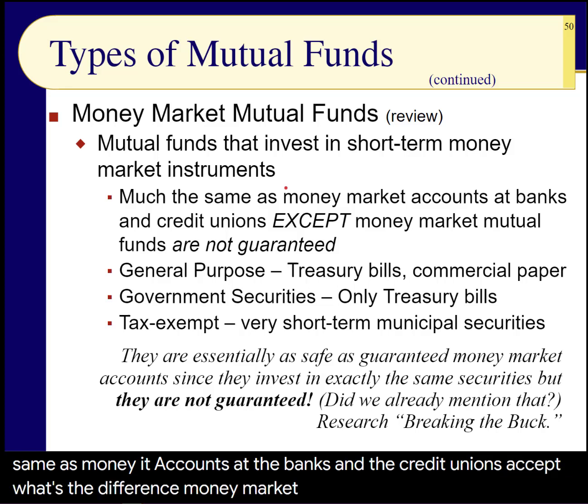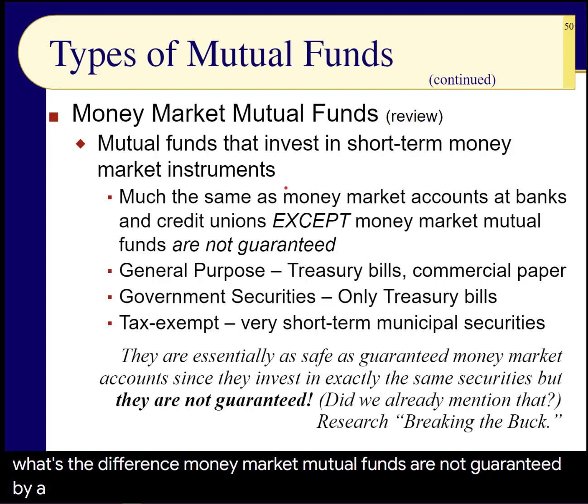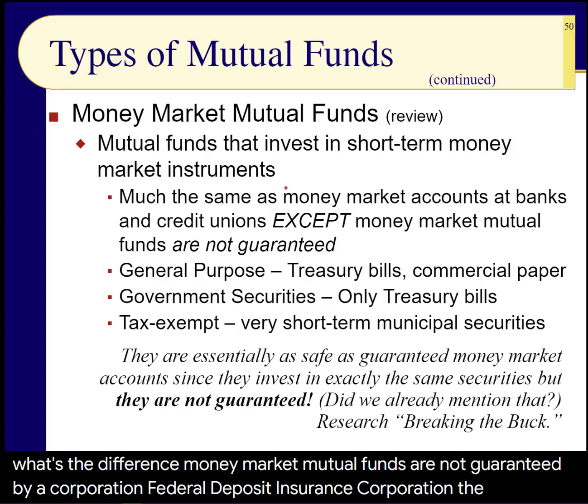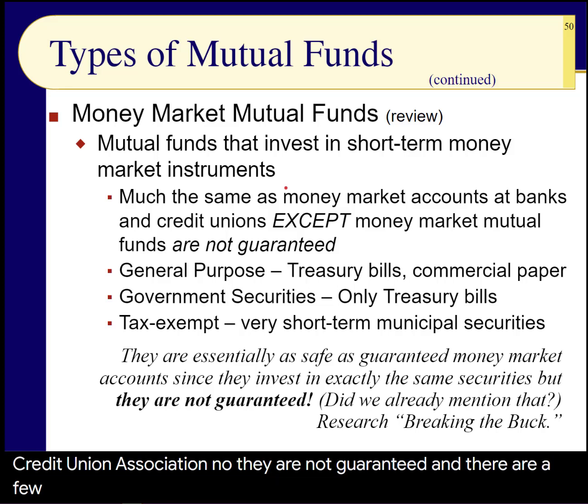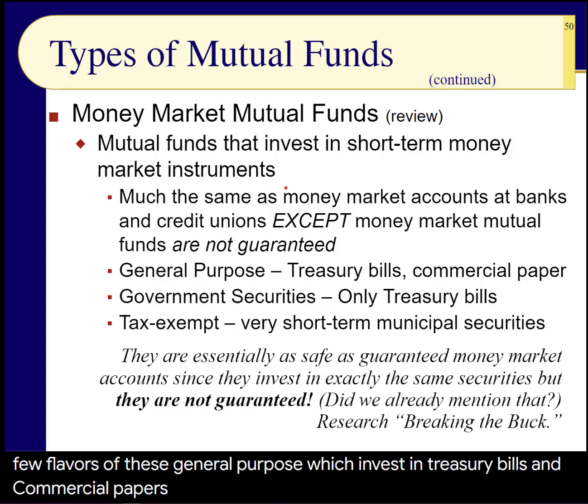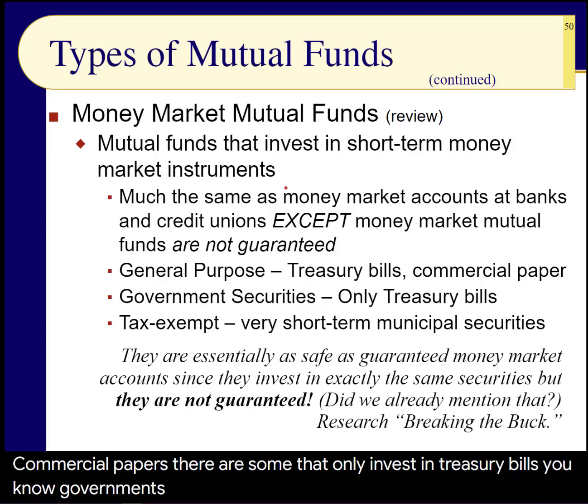Money market mutual funds are not guaranteed by the Federal Deposit Insurance Corporation or the National Credit Union Association. No, they are not guaranteed. And there are a few flavors of these: general purpose, which invest in treasury bills and commercial paper. There are some that only invest in treasury bills, government securities. And then there are some that are tax exempt.